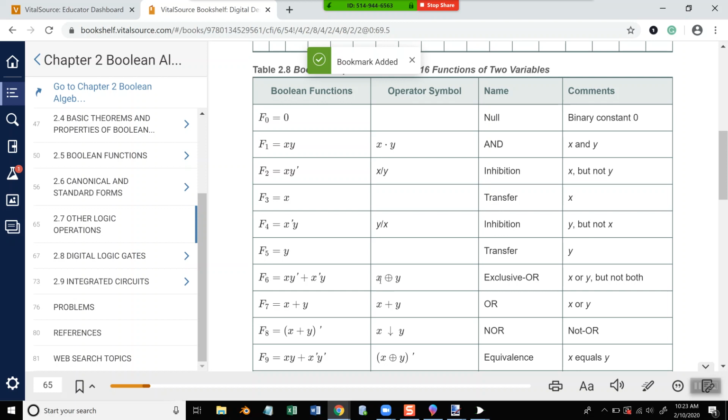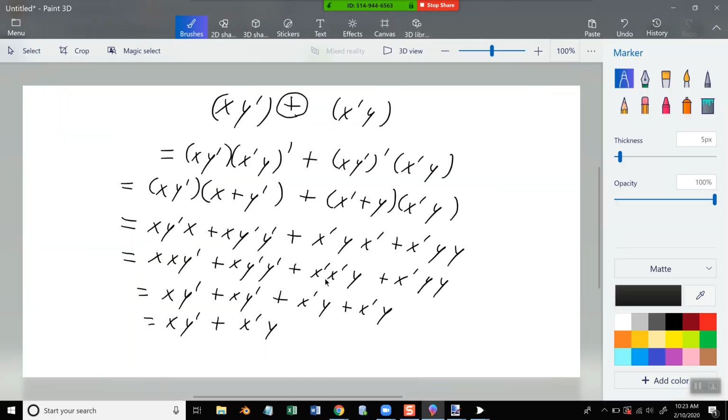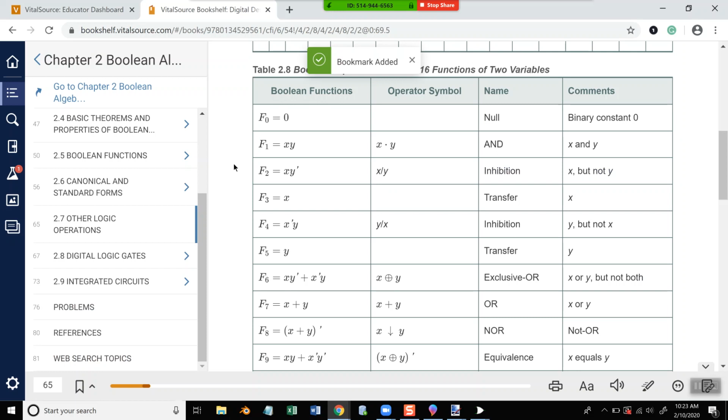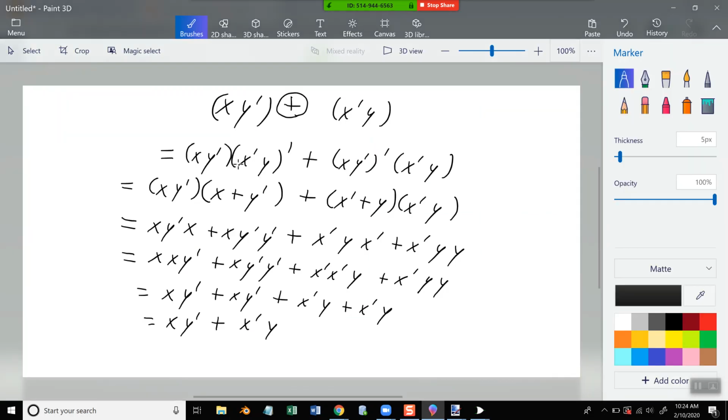This says if you have your first item XOR your last item, first item carries down, you invert the second item. Put a plus between them, invert the first item, second item carries down. That looks right.